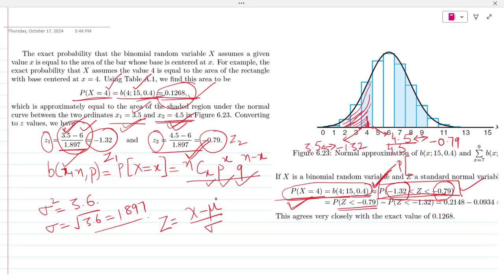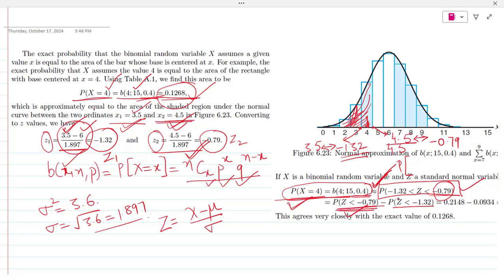So we have this entire area, the entire left of this value. It is the CDF value for normal probability, minus this area, the entire left of this point, minus 1.32.